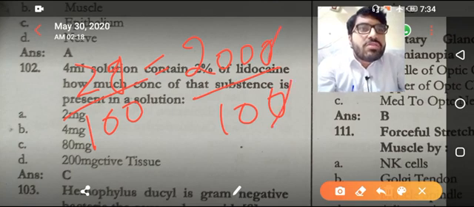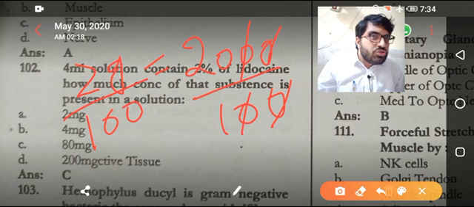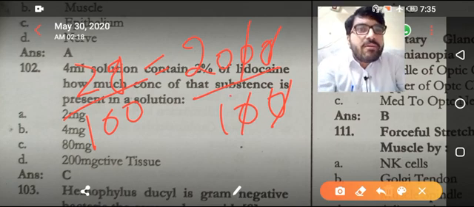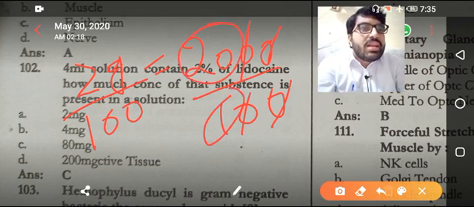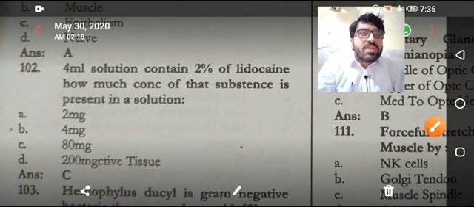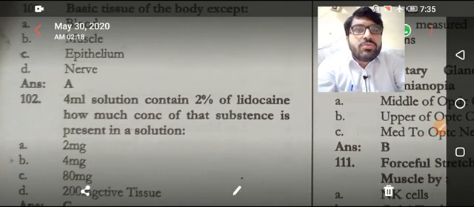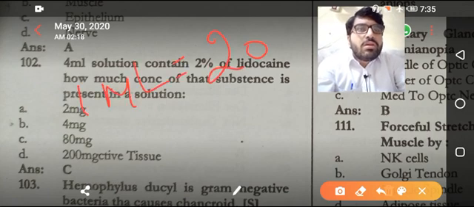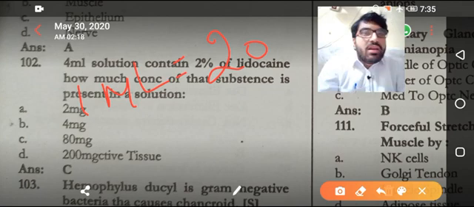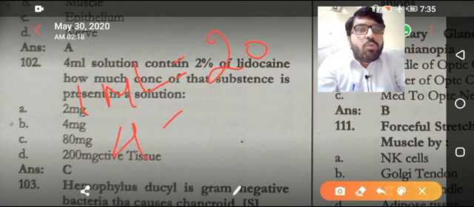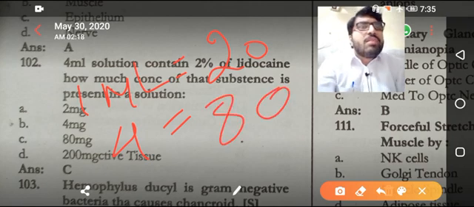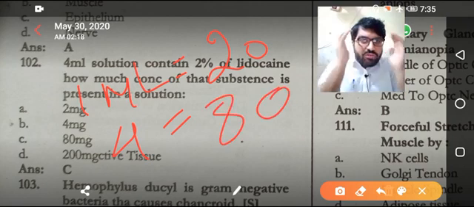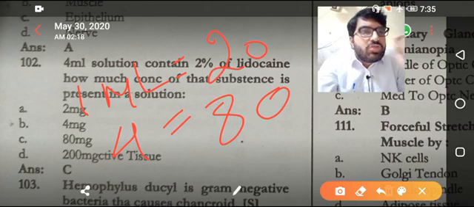So the zeros cancel with zeros, so it means 1 ml has 20 milligram. Now the question is very simple. 1 ml is 20 milligram and they are asking about 4 ml. So 4 ml will be how much? 20 multiplied by 4 gives you 80 milligram. Simple mathematics, don't confuse yourself. The key is right.